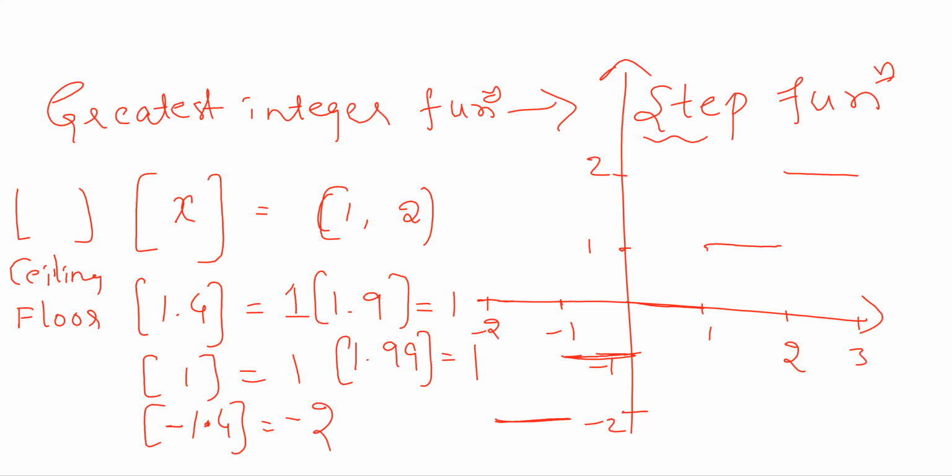Floor means the upper value you have to take; ceiling means the lower value. If it comes up, I will explain it again. These are some standard definitions you should know while checking the continuity or differentiability of any function. So this much is enough.